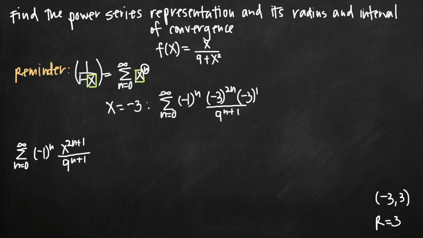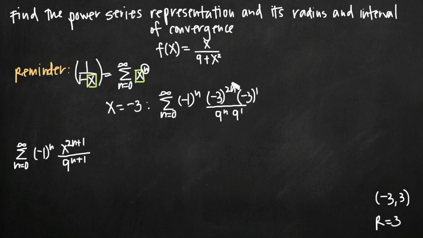We can do the same thing in the denominator. We have 9 to the n plus 1. We can call this 9 to the n times 9 to the first power. Similar thing here, we have -3 raised to the 2n power. Remember how we said if we had some base here raised to an exponent raised to another exponent, we could multiply those exponents together.